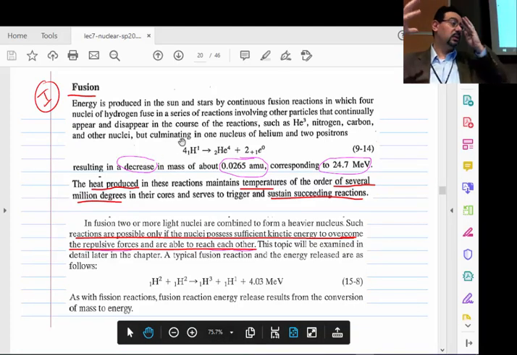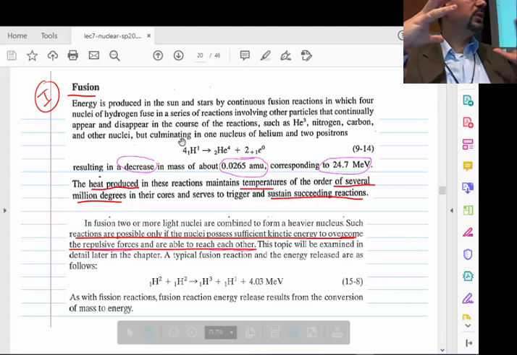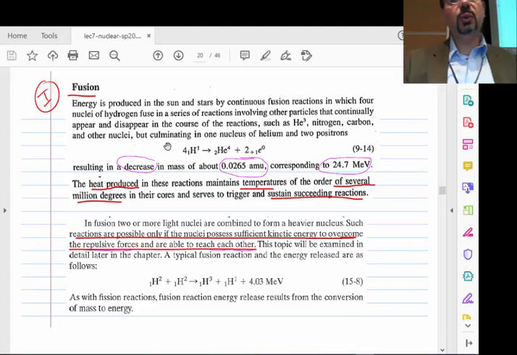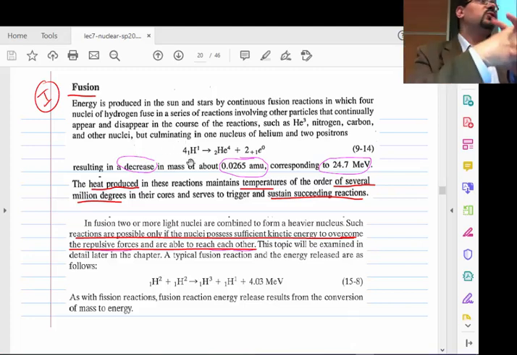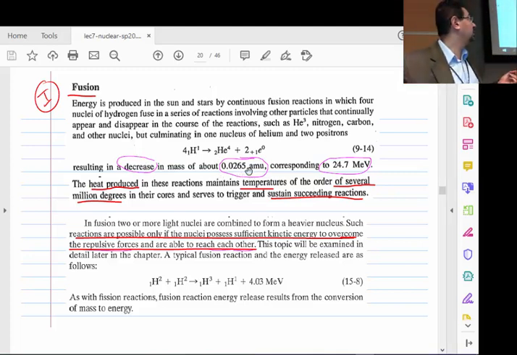The gravity of the sun is so big that you can fuse 4 hydrogen atoms together and you make helium and this many positrons, and when you calculate the mass of this side and that side, you'll find there's a decrease in the mass of this much, and that transfers to this much mega electron volt for every reaction.